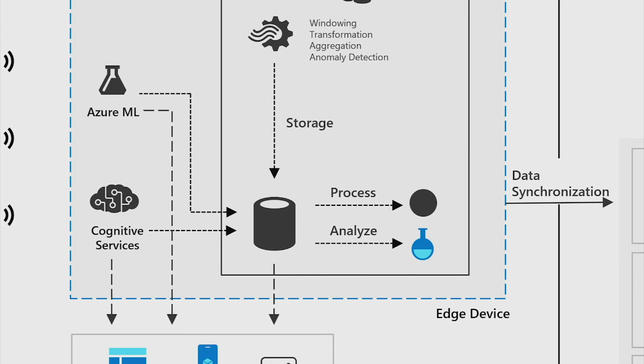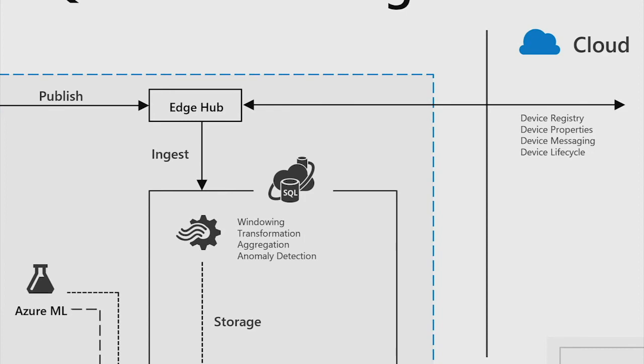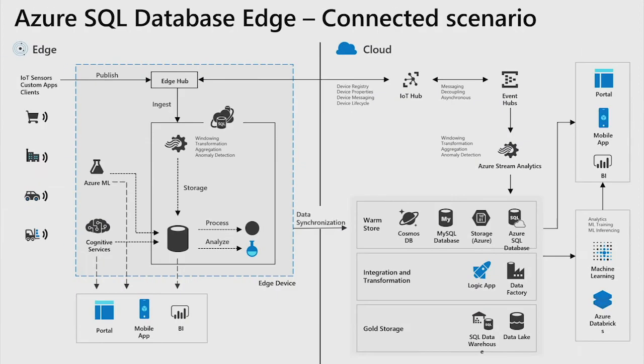Okay, so the question is, how does the Edge Hub and IoT Hub come into play? Essentially, when you're deploying the device, whether you need an Edge Hub or can directly insert into the database depends entirely on how you're going to get the data.